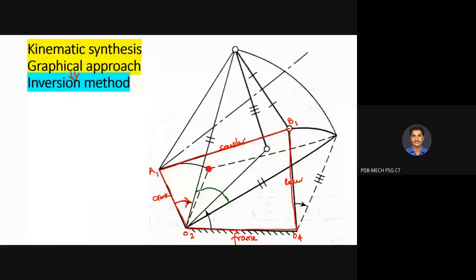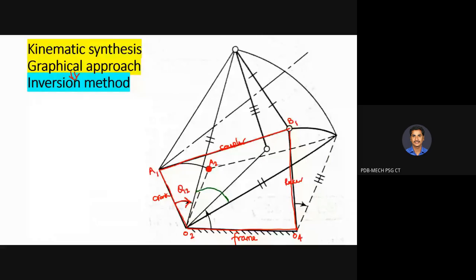Now what is this particular red dotted circle? It is the final position. So A1 is the initial position and A2 is the final position when it is rotated through some angle theta 1, 2. What is meant by theta 1, 2? Theta is the crank angle.